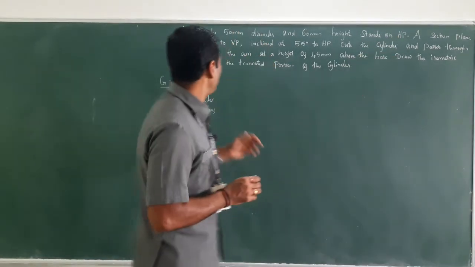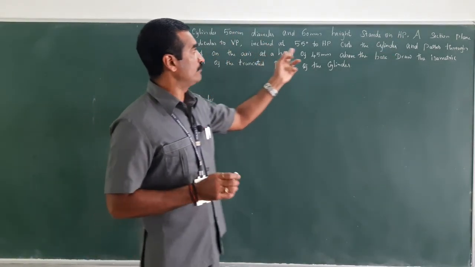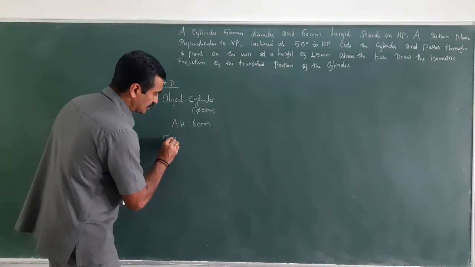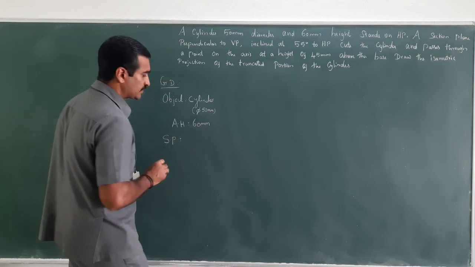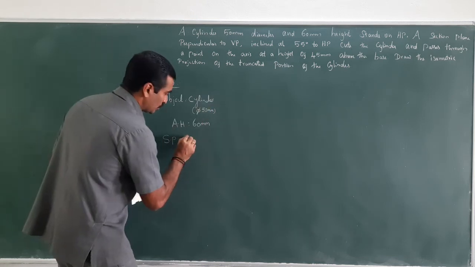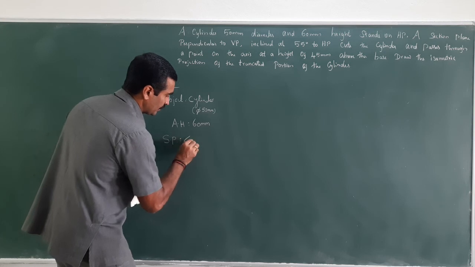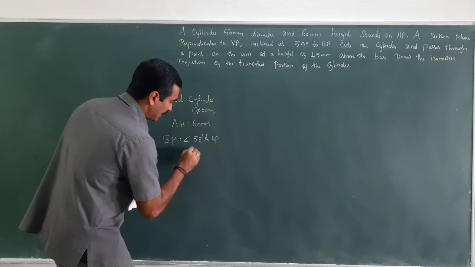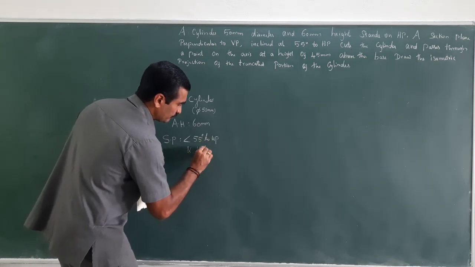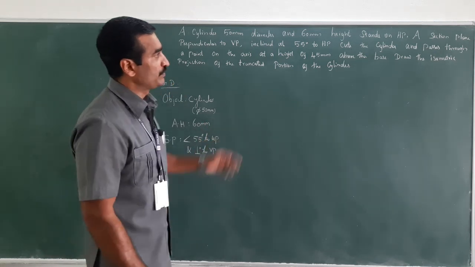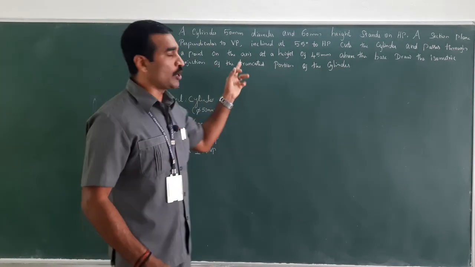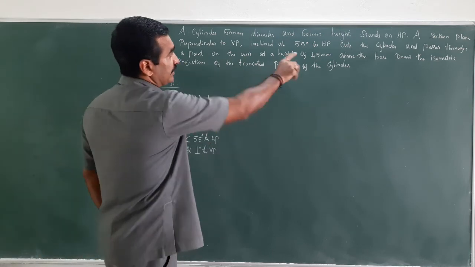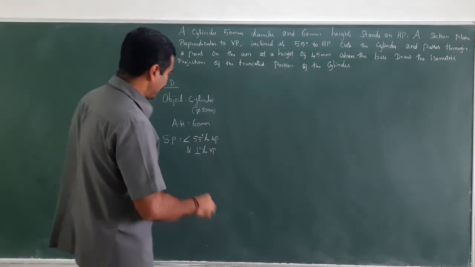Okay. A section plane is perpendicular to VP and inclined 55 degree to HP. So a section plane or cutting plane, SP or CP, which is inclined 55 degree to HP and perpendicular to VP, cuts the cylinder and passes through a point on the axis at a height of 45 mm above the base.